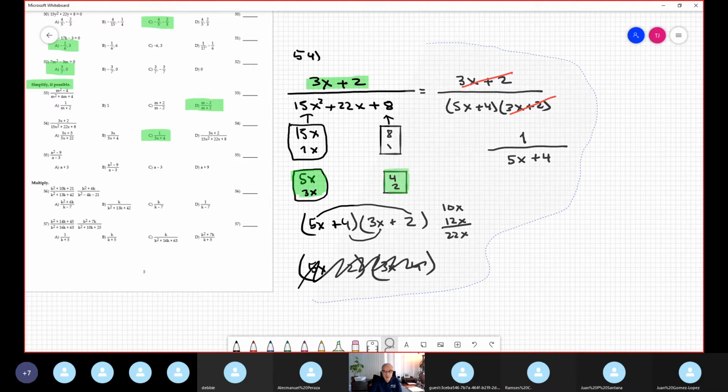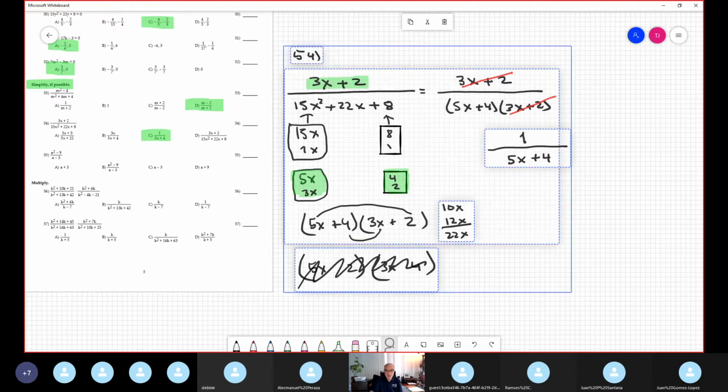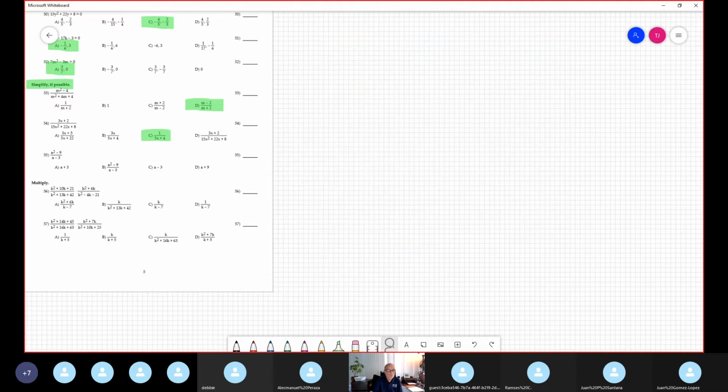A different situation happens when it's in the bottom and cancels out, and the answer is 1. So it's not necessary to write it.